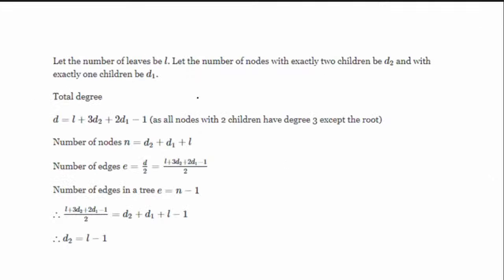Wait a second. So what we are saying is that this degree sum is equal to the number of leaves plus the vertices with exactly two children and with exactly one child, and you need to subtract 1. Yes, sorry for that.